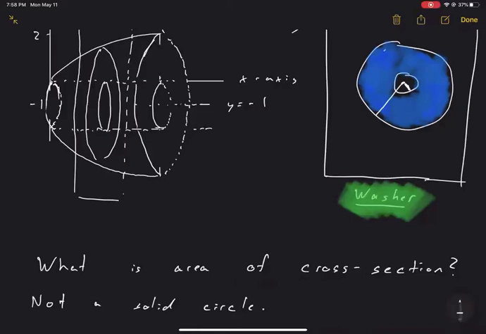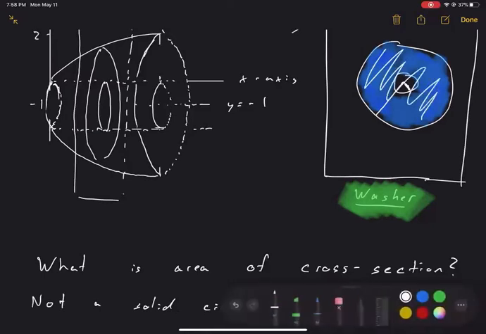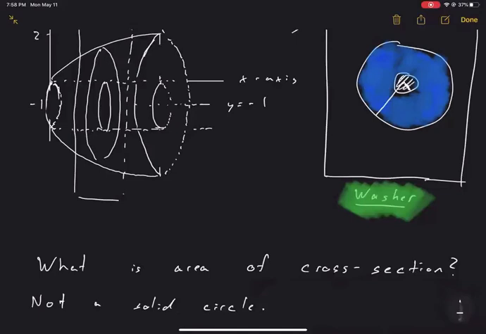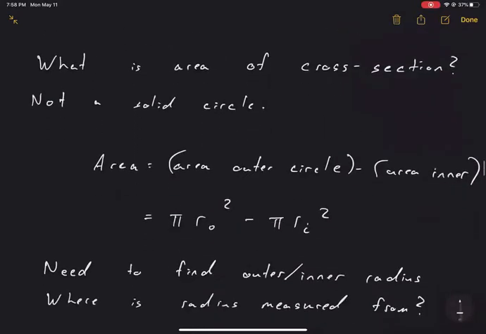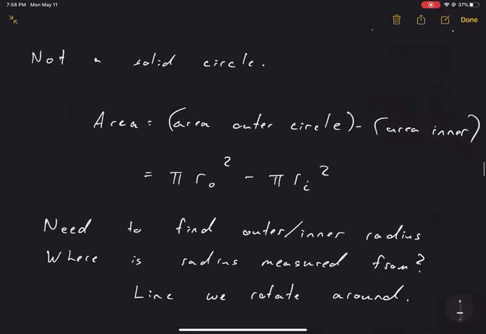I find the area of the entire object, and then I subtract away this area, and that should give me the area of the washer. Okay, so the washer has this formula, pi r(o) squared minus pi ri squared.